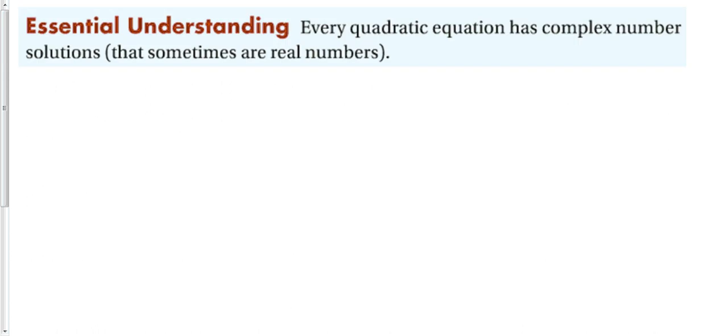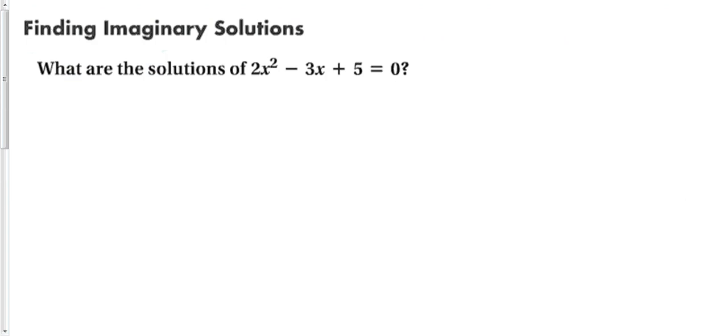Now, putting this all together, every quadratic equation has complex number solutions. In fact, it always has two complex number solutions. Sometimes they are real, sometimes they are not. Sometimes they're not real solutions, like they're going to be here.